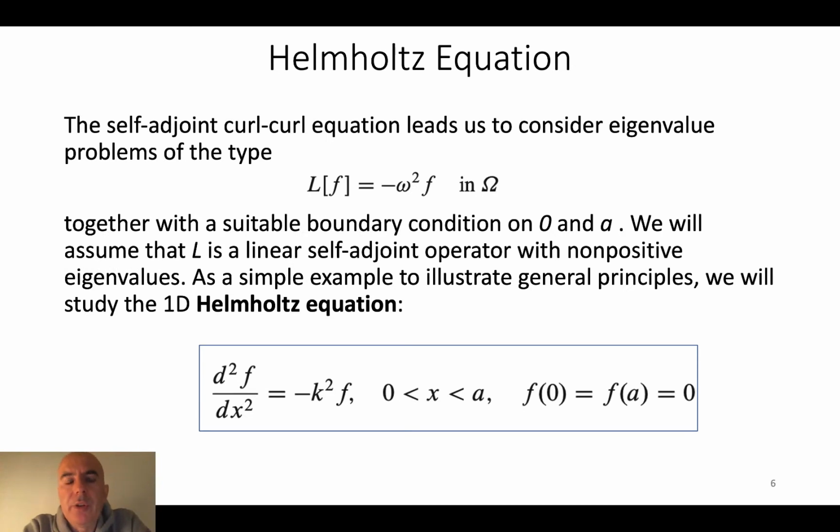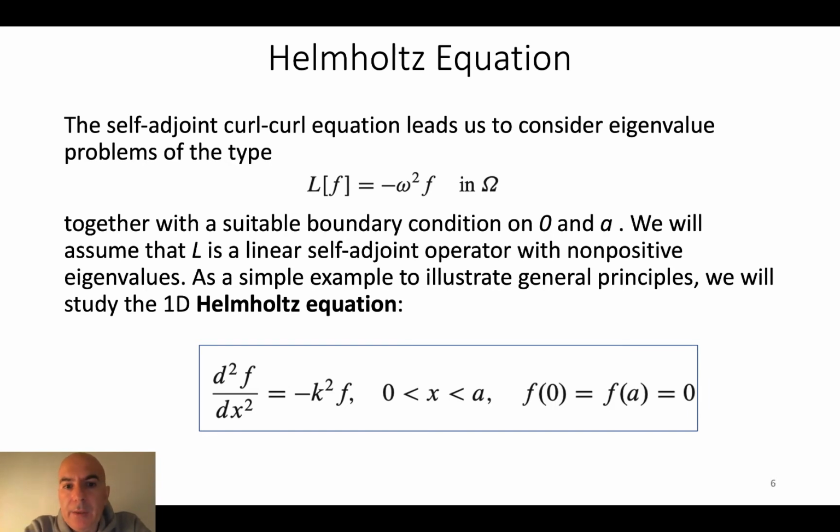The self-adjoint curl equation leads us to consider an eigenvalue problem of the type L F equal to minus omega squared F. So this is our eigenvalue problem, and it needs to be associated with suitable boundary conditions. We assume that L is a linear self-adjoint operator with non-positive eigenvalues. So we know that if the operator is self-adjoint, then we support real non-positive eigenvalues.